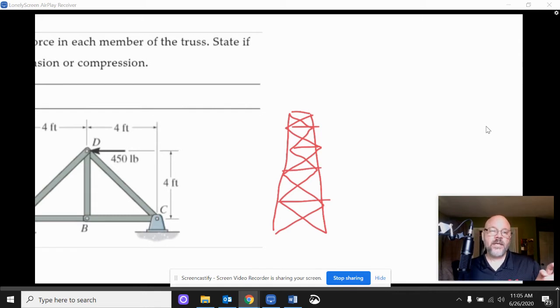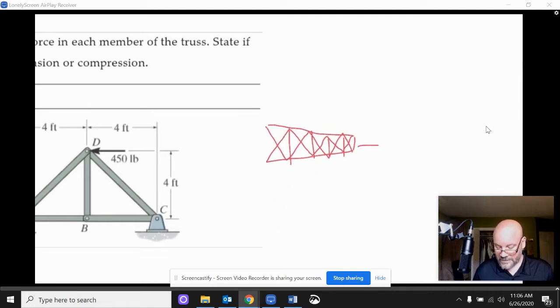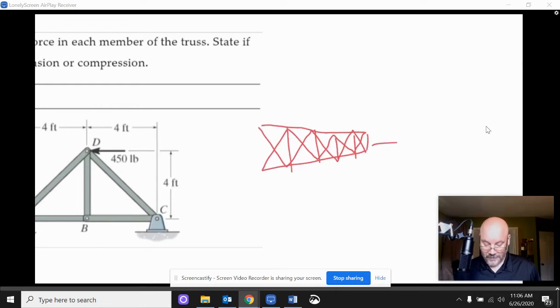A truss is a reinforcing structure to help achieve whatever you want it to be, whether you're going to put an antenna up here or maybe it's a fire lookout. It could also be a bridge. If it's a bridge, then we turn it sideways, and then cars can drive across it.